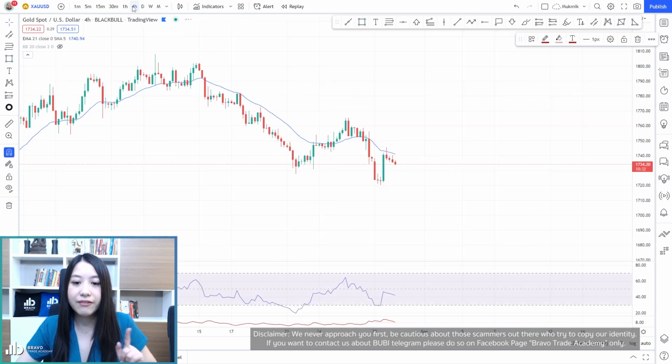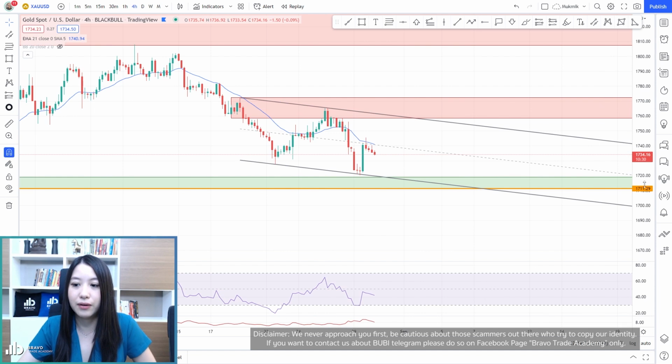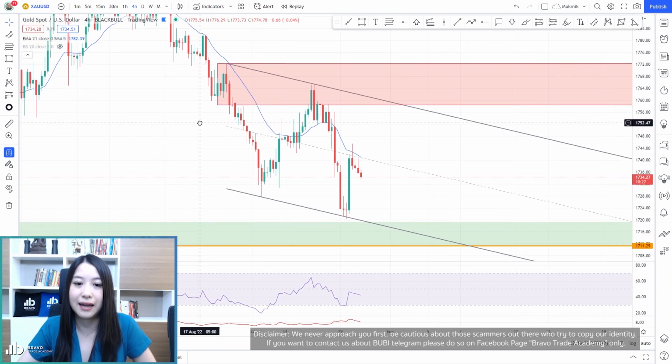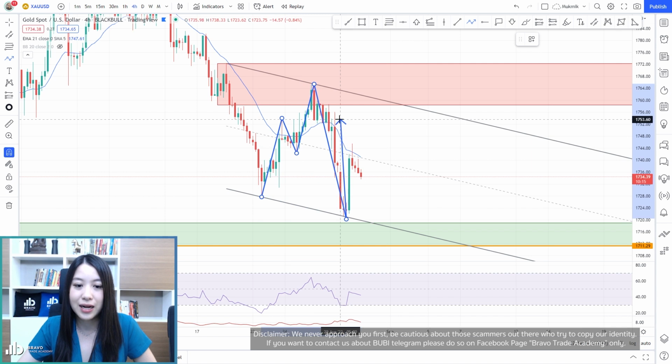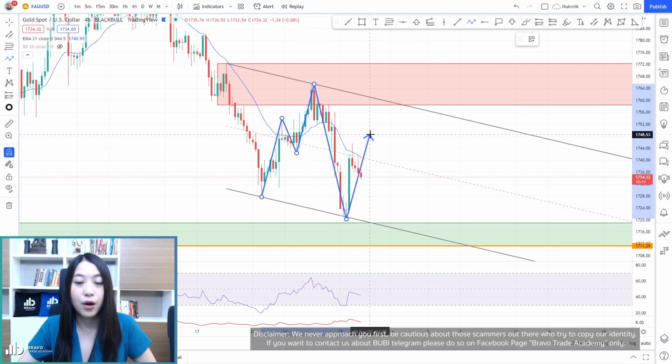So if we go back to the 4 hour time frame, the first plan is, if you remember, our best friend, the QM pattern that we use quite a lot. We have this uptrend position and the price breaks the trend line and also makes a lower low than this one. So we will have our QM sell at the moment.